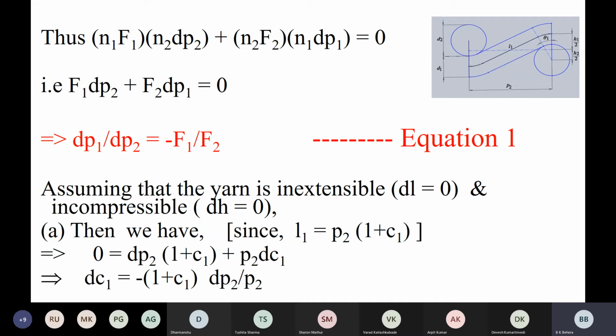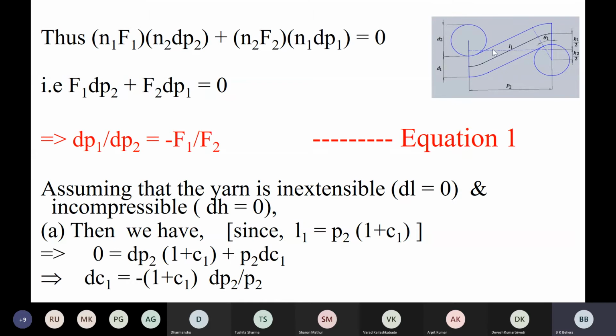We have assumed in this model that the yarn is inextensible. So what is the length of yarn in the fabric? Look, this is the yarn length. Look at my cursor, L1. If the yarn is inextensible, L1 is invariant, meaning dL is equal to 0.